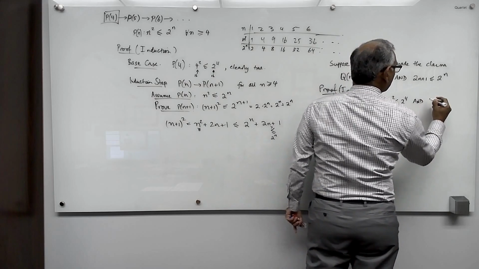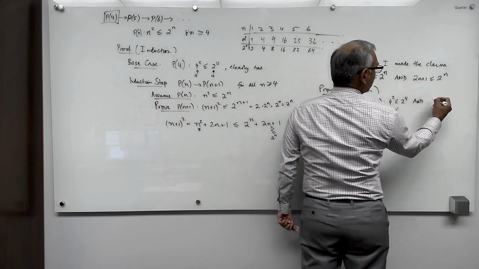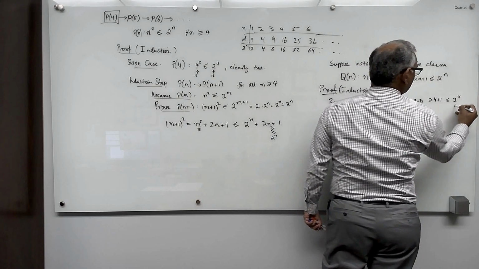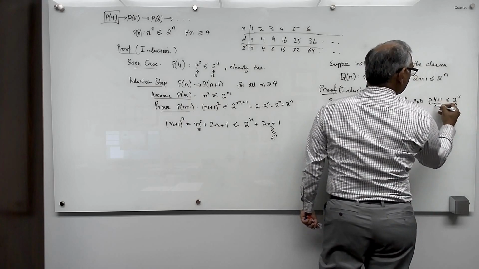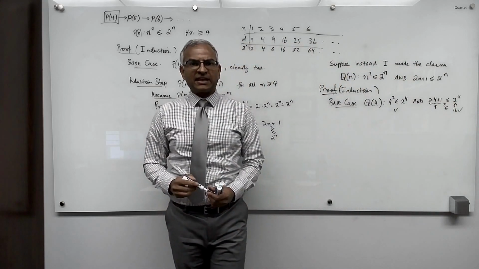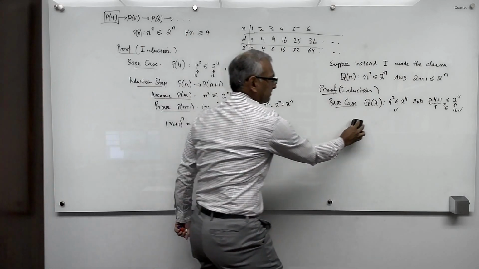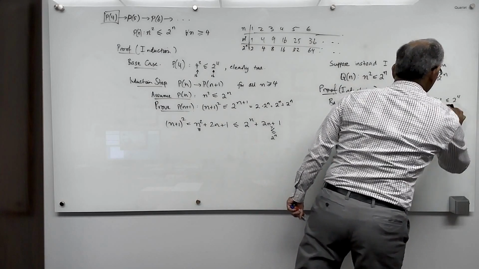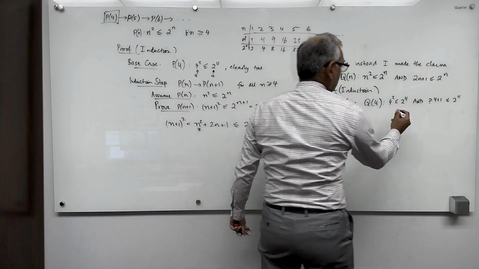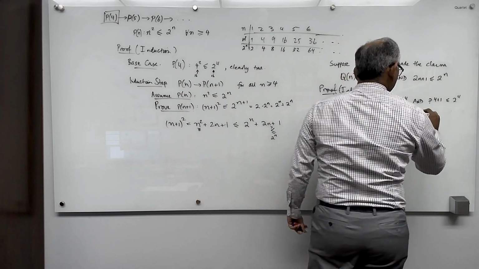And, okay, 2 times 4 plus 1, so 2 times 4 plus 1 is less equal to 2 to the 4. So this is 16, and this is 9, and so that's also true. So we've proved the base case. Interesting. Okay. So, the conclusion is that Q of 4 is true.